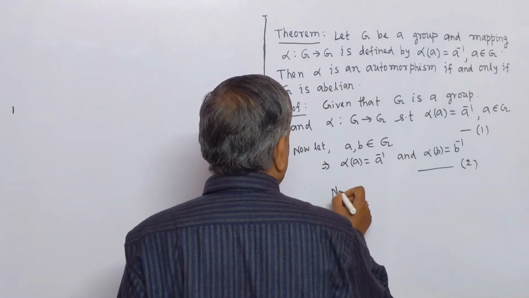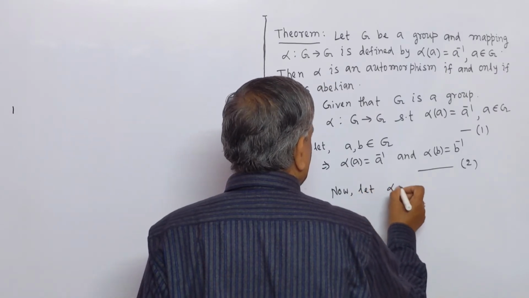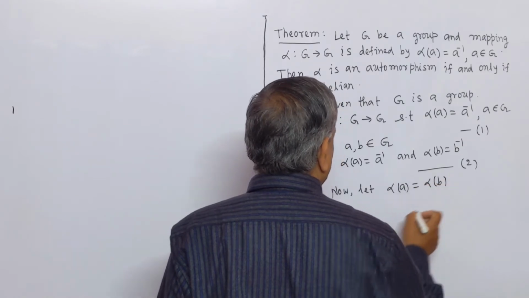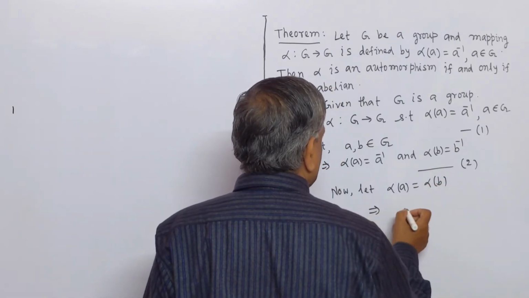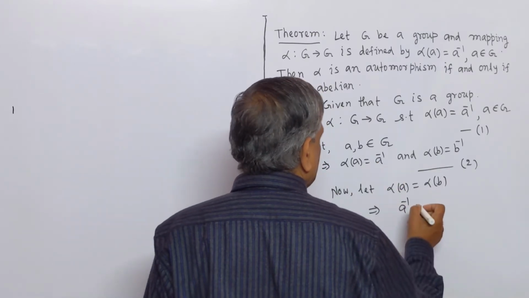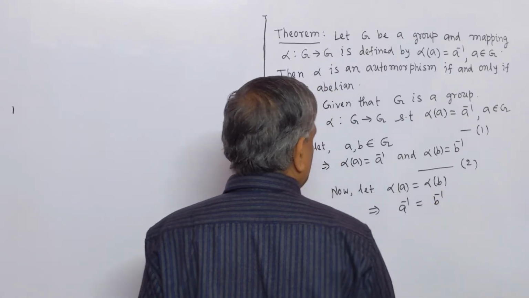Now let alpha A equal to alpha B, implies that A inverse equal to B inverse.